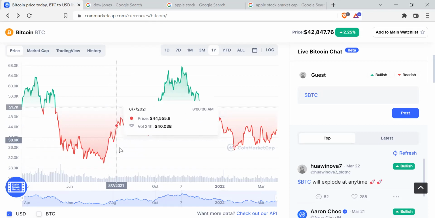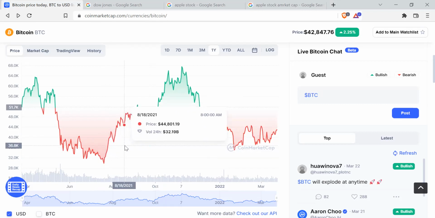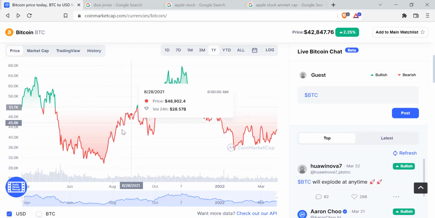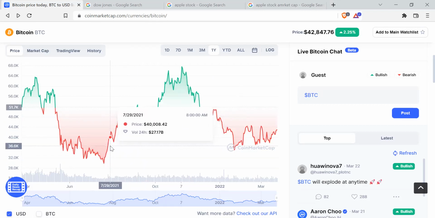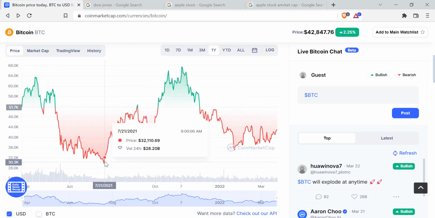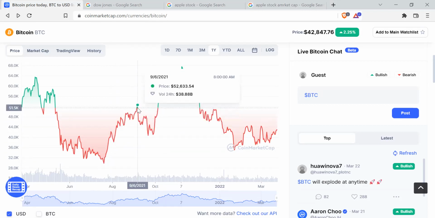Try to enter the market at the beginning phase of the upward trend, right? But in the crypto market, it's impossible to try to catch the beginning phase of the upward trend, because by the time you realize that the upward trend is happening, it's already over. So this is a very important difference between the traditional market and the crypto market.